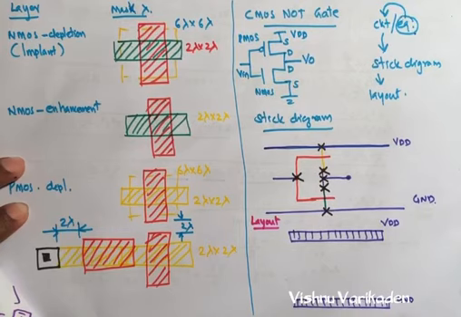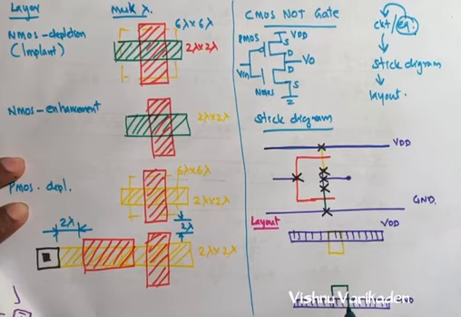So next we can start the polysilicon and we can make the NMOS. So this is for P diffusion, this is for N diffusion. So we can make the contact and connect it.